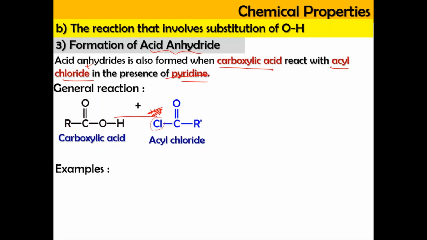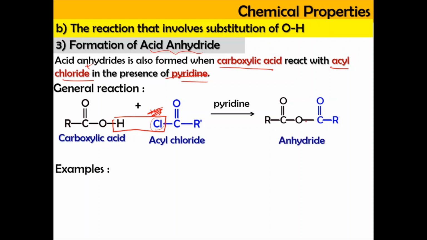What we're going to remove is HCl. In the presence of pyridine, HCl is removed, and the carbon here is going to link a bond. Okay, and this is known as the anhydride. The byproduct is going to be HCl because HCl is being removed.